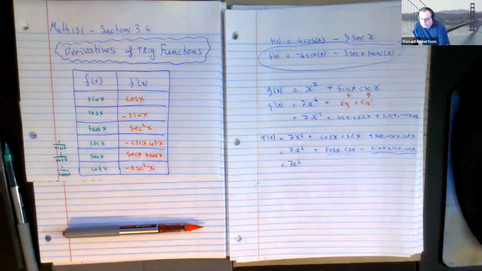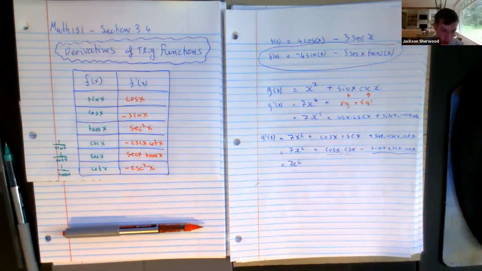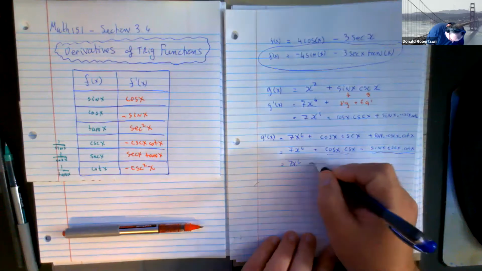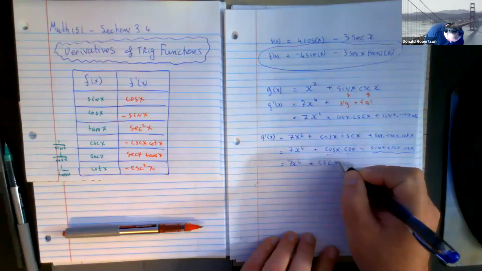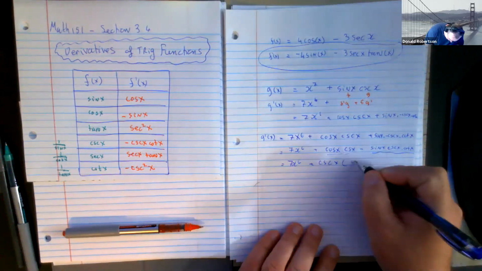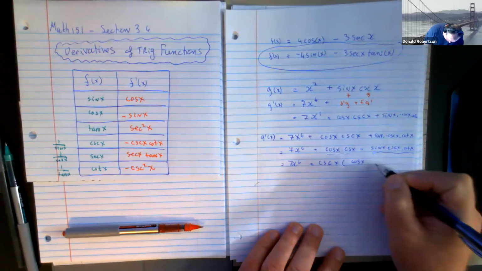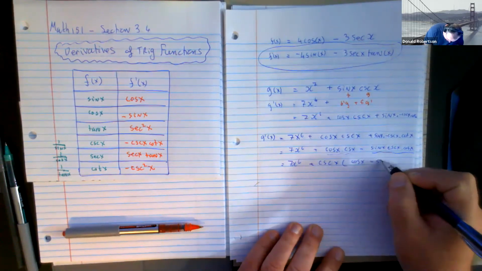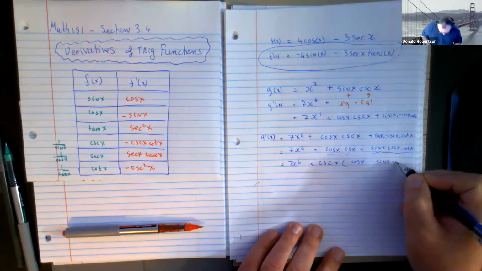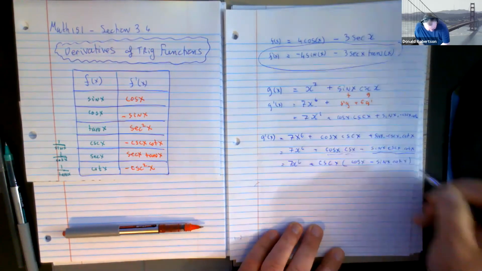Is there anything you can do with just those 2 trig functions to make them prettier? Factor out a cosecant. Okay, let's do that. And if I do that, I get a cosine x, take away a sine x, cotangent x.